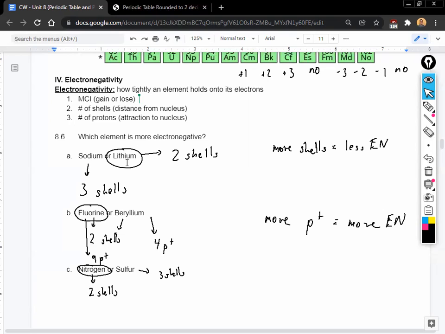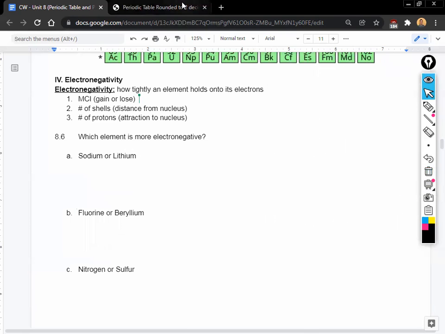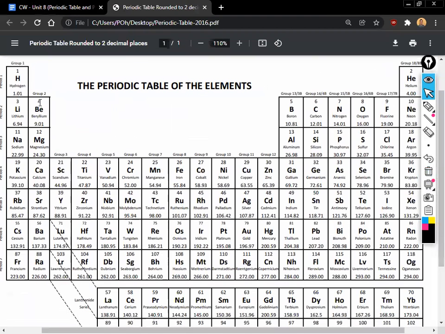Anyway, let's see if we can figure out a pattern using the problems that we just solved. So sodium and lithium, we said lithium is more electronegative. If we take a look at the periodic table up here, lithium is more electronegative than sodium. So as we go up the periodic table, is it going to get more or less electronegative?